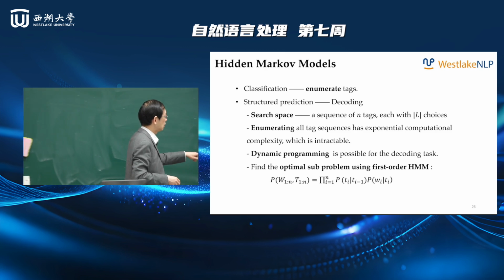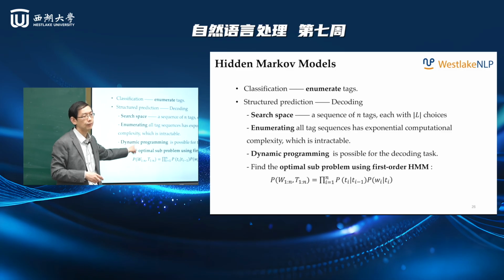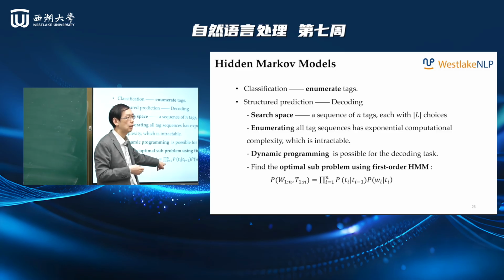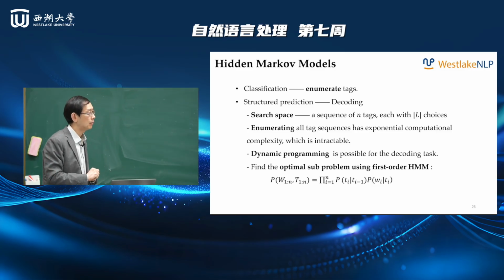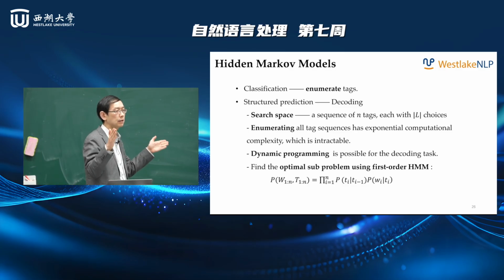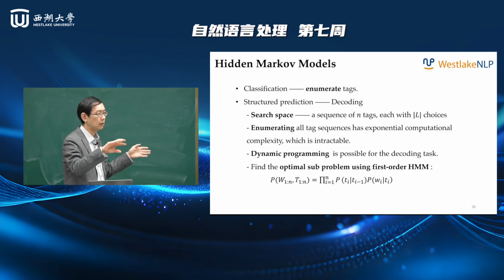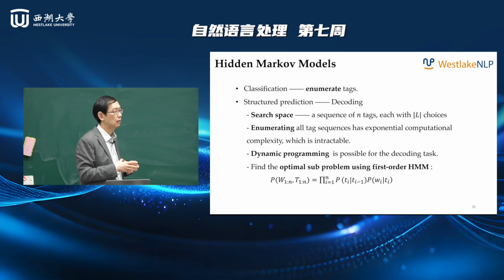Our model scores a tag sequence as a whole using this equation, and you immediately realize this is factorizable, because there's a product from 1 to n. Now the next thing to find is, how do we find optimal subproblems? Which means, when we try to find a highest scored tag sequence, can we find the highest scored subsequence first, and then incrementally find the highest scored sequence from the first word to the last word?